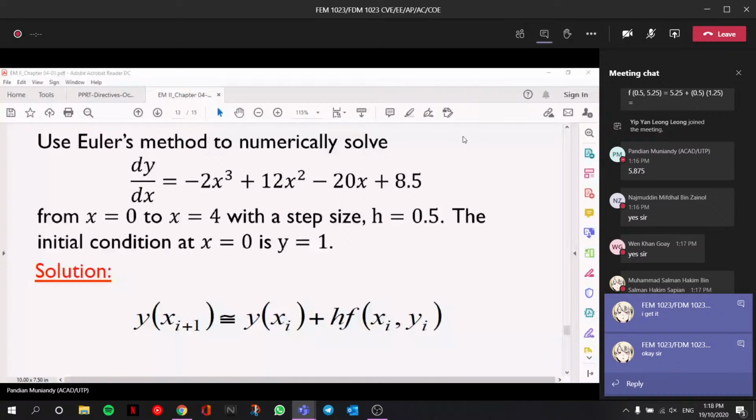All right. Now, how do you find this method?